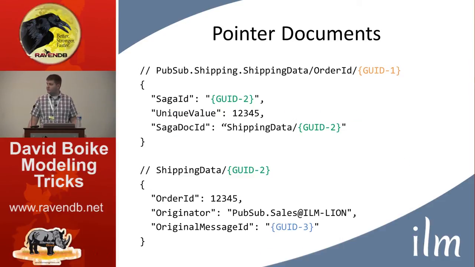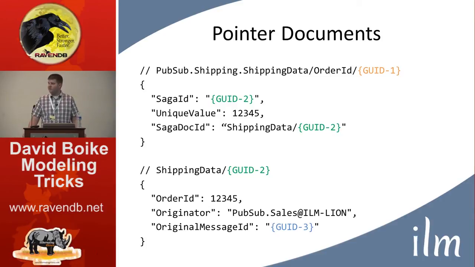So the way we can deal with this is by creating pointer documents. And this is what NServiceBus does. And I've color-coded, I took out the actual GUID values because those are gross, and I color-coded it so you can kind of see how they relate. So on the top, we have the document that says this is a shipping data Saga, and its order ID property has this GUID, and it's not really a GUID, it's just like a hash that's turned into a GUID.